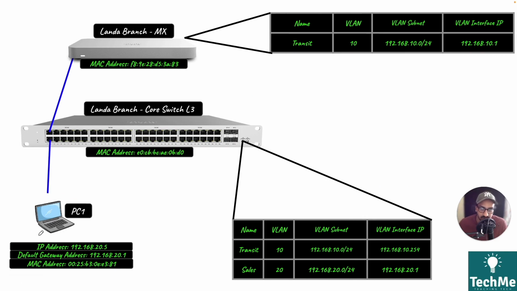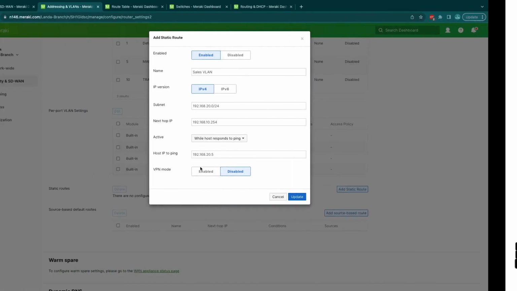You would use this, for example, if you have a secondary route for the MX to reach the Sales VLAN subnet, and you didn't want the route to be available or advertised when the host or the actual layer 3 switch device is down.